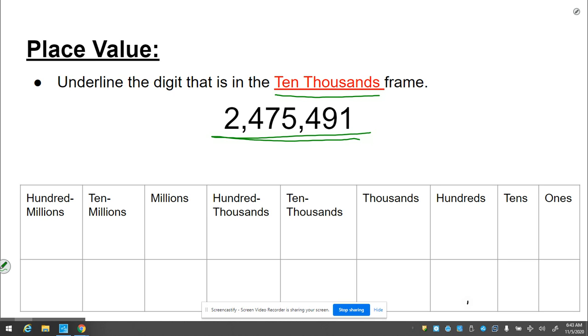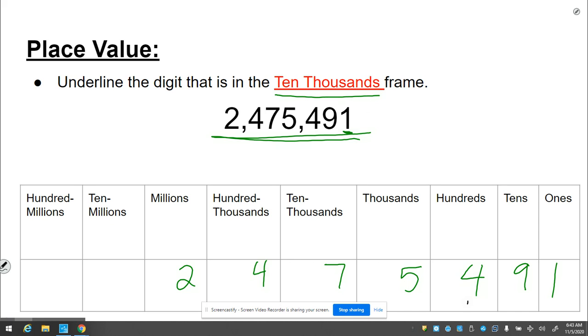All right, so let's plug our number in, starting at the far right-hand side with our 1 here. Then a 1, then a 9, then a 4, then a 5, a 7, 4, and lastly a 2. And our question's asking us to underline the digit that is in the 10,000s frame.